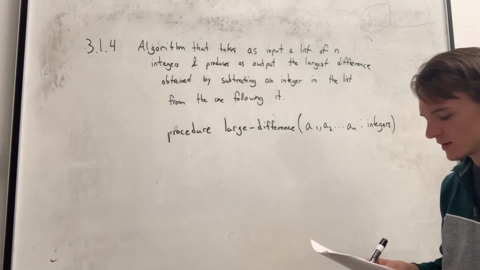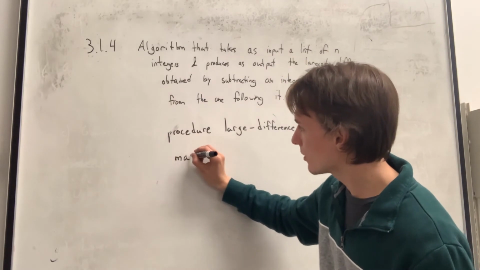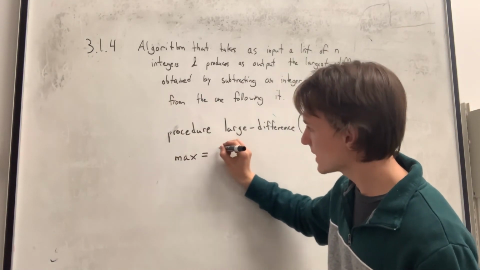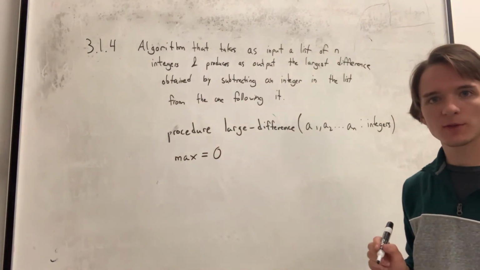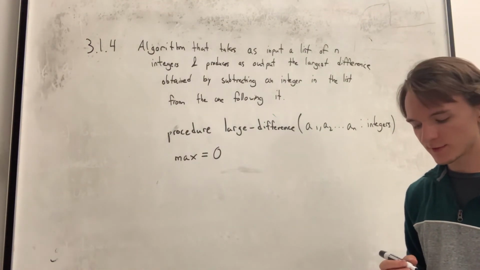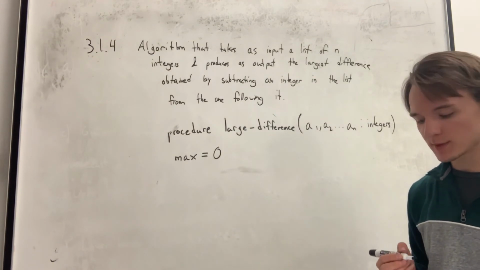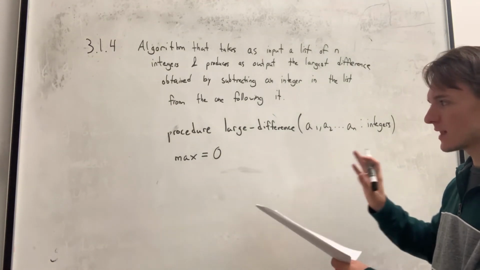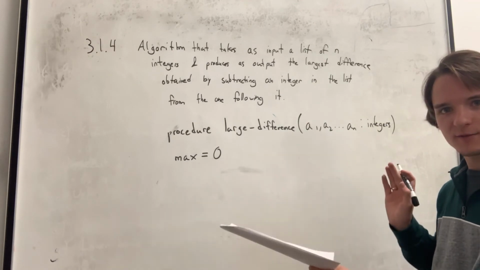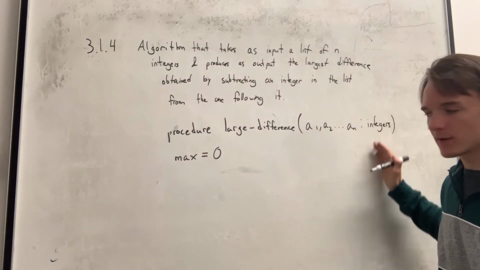All right. So, from there, let's create a variable called max, which will save the current maximum value within our algorithm. From there, let's make a for loop. In this for loop, we're going to iterate n minus 1 number of times, right? Because if we're on the last variable in our loop, then there's nothing to check after it.